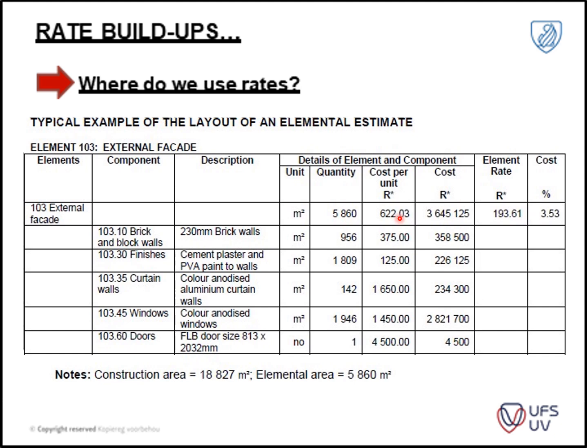It's related to your component way of measuring. Take note of this: the construction area of the entire building is this, but your element area, your brickwork, is only this 5,860. Be mindful of that, especially for your assignments as well.